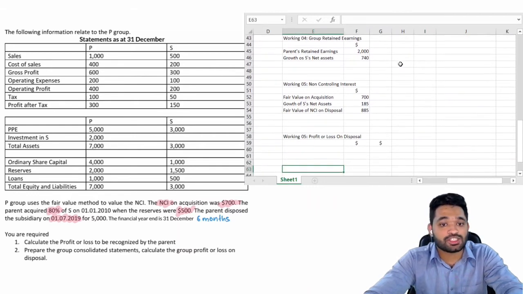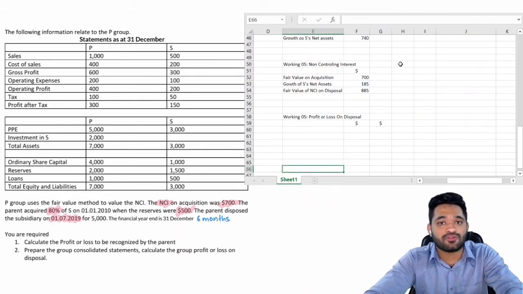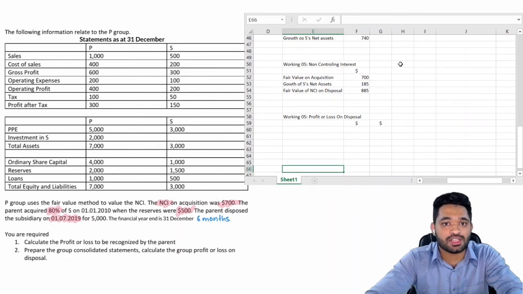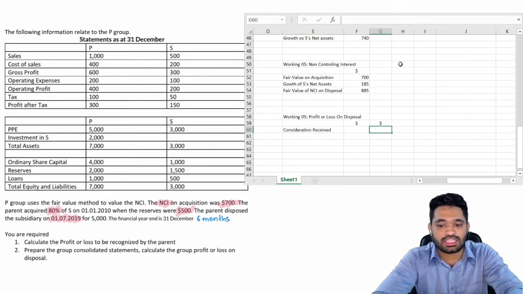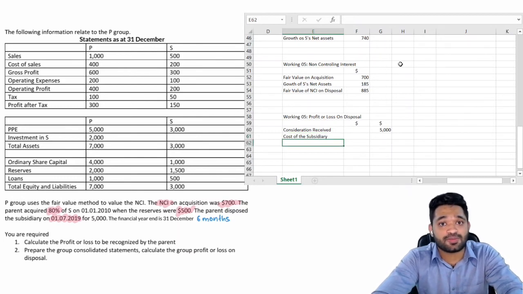Right, now I'm going to start with the working for profit or loss on disposal for the group. Now the pro forma is you take the consideration received. So the consideration received was 5,000. Now I need to look at the cost of the subsidiary at the date of disposal.